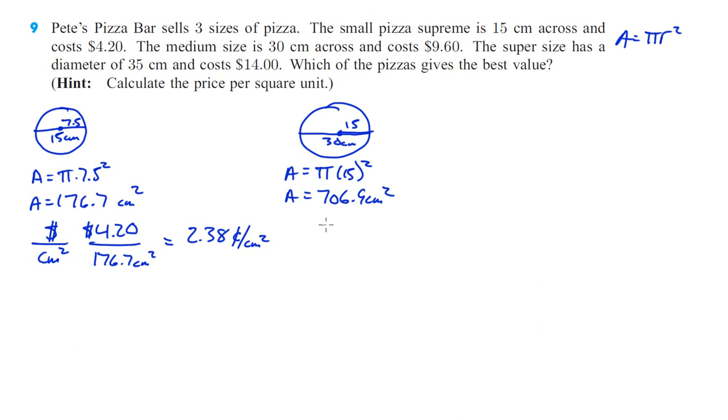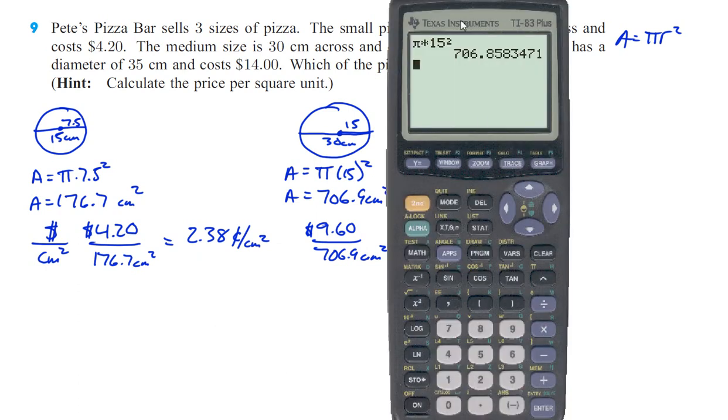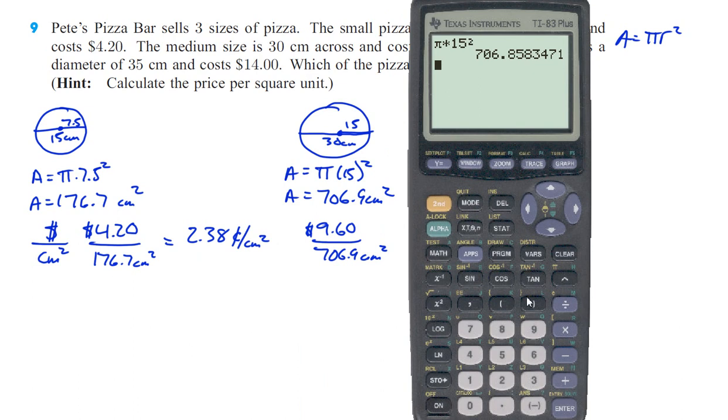Okay, so again, we're going to take $9.60 and divide it by 706.9, because that's our dollars per square centimeter, how much it costs for every square centimeter. So we do 9.6 divided by our answer, and we get 1.36 cents per square centimeter.